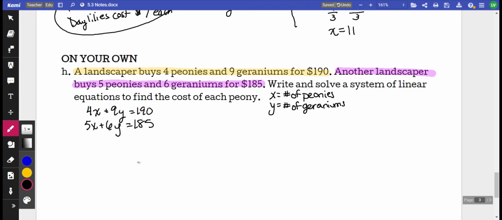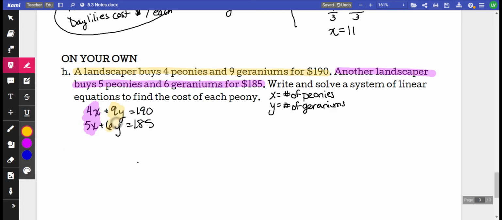Okay, so we're going to look at our x values. We have 4 and 5. The smallest number that they both can fit into is 20. Then we have 9 and 6. The smallest number they both fit into is 18.